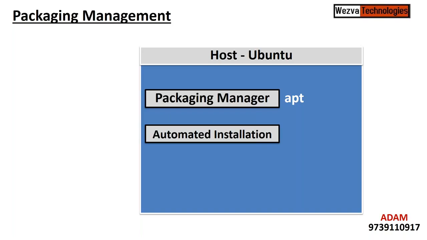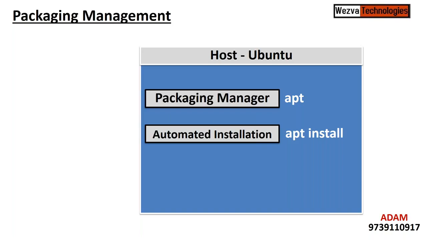So from that way, now if you take Ubuntu and if you want to install some package like Java, or let's say I want to install Git, or I want to install Jenkins or Ansible, Docker, whatever that we are using in our day-to-day, then you will be saying something like apt install, using a packaging manager called apt in Ubuntu, right?